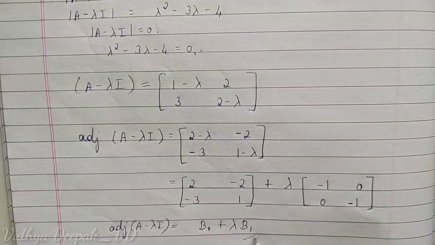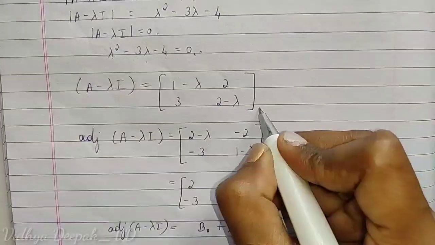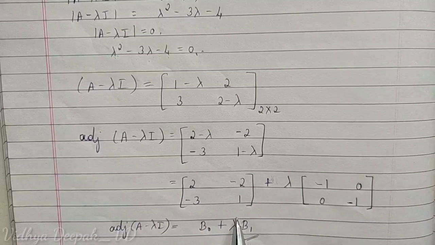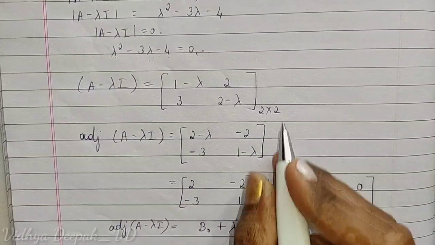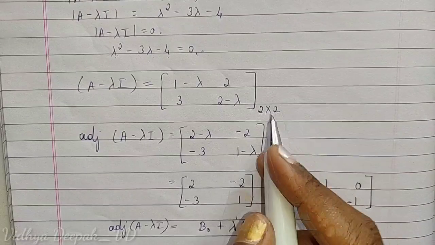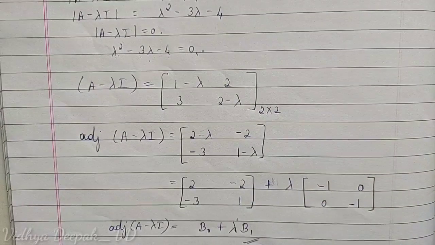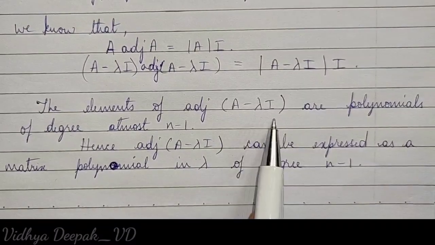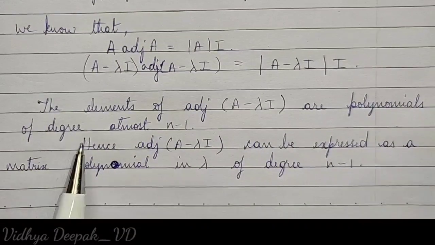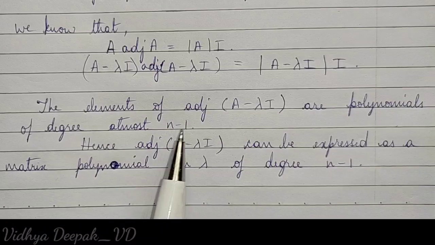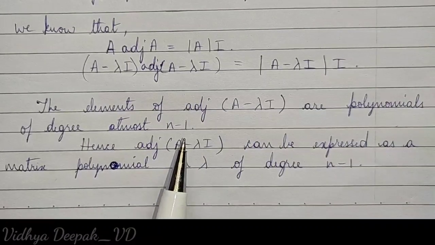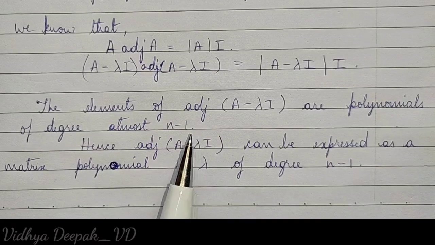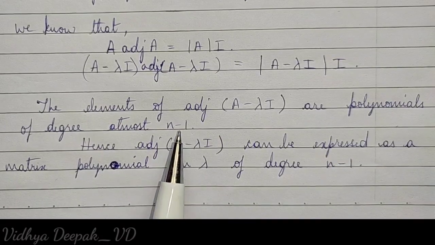Yes, right? Now check this out. The order of this matrix was 2 cross 2 and the highest power of lambda is 1. That means one less than the order of the matrix. Keep this in mind. Now I can say that the elements of adjoint of A minus lambda I are polynomials of degree at most n minus 1. That is, we saw the power was 1 less than the given order of the matrix. Here the order of the matrix was n, so 1 less than that is n minus 1.